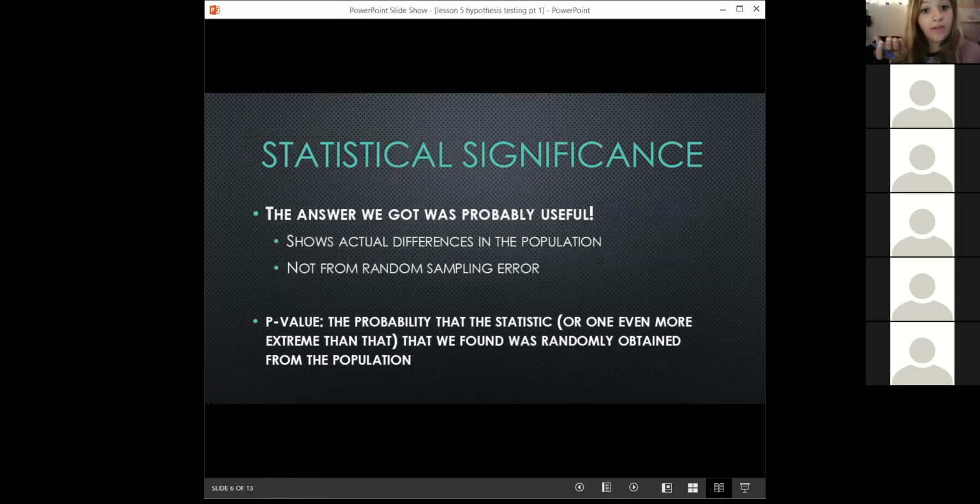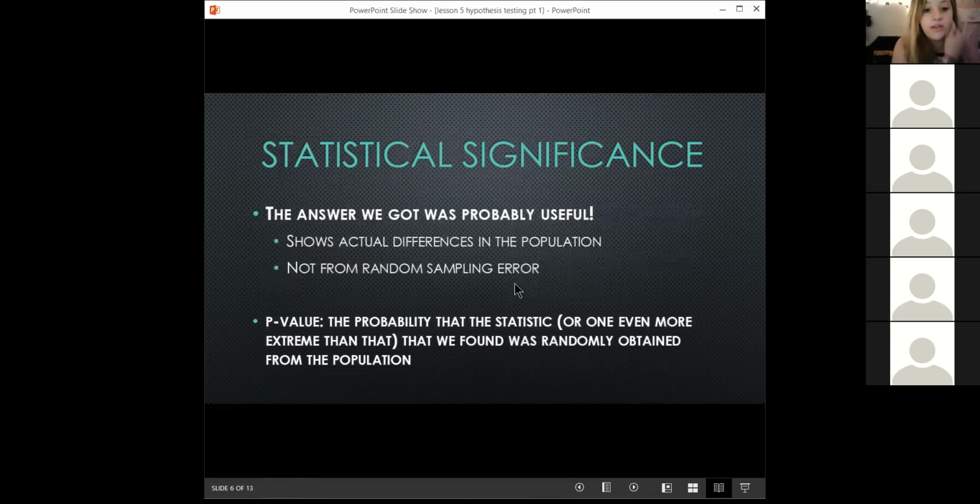That is going to be in favor of the alternative hypothesis, because our alternative hypothesis was saying there's some sort of change. And also, just a side note, we're saying it's not from random sampling error, because if it was, that's not that exciting. It's just saying that was random, and doesn't really mean anything. So it's saying our answer was useful because there's actually a difference, not just because it was random and coincidental.